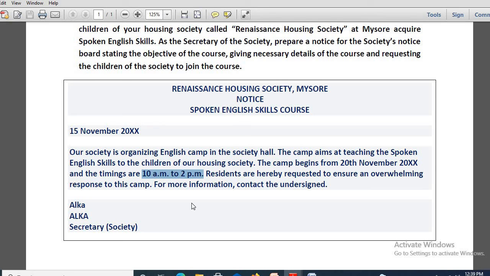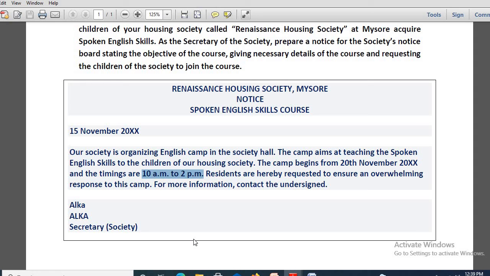This is what you have to note in a notice, because see, where it will be: in the society hall. You can write auditorium also, or society hall. Obviously, from which date it will start, from 20th November, and see, the timing is given from 10 a.m. to 2 p.m. So all these things, dear students, you have to mention.